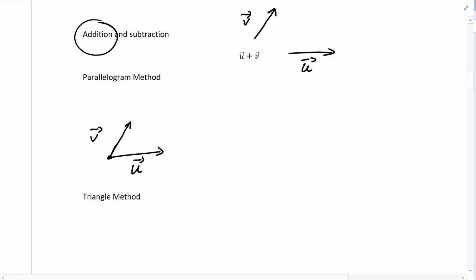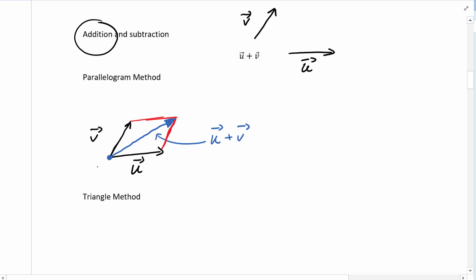So we would draw V so that it's parallel and the same length. Now, the parallelogram method says construct a parallelogram, so I'm drawing here a vector that is parallel to V, with the same direction and the same length, and the same with U. We just noticed that we constructed a parallelogram, and this diagonal here, the longest diagonal, is actually U plus V. It's called the parallelogram method because we are constructing a parallelogram, and the longest diagonal of the parallelogram is the sum.